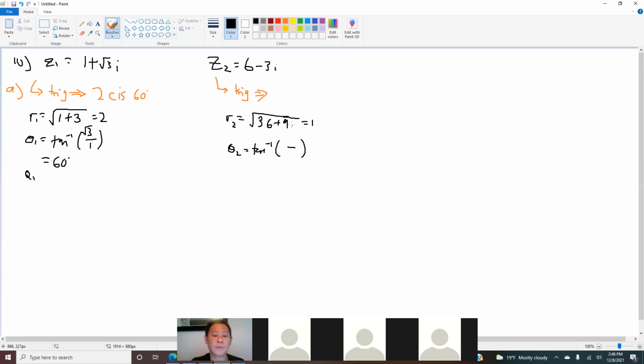Which is 45. Can someone help me to simplify root 45? That will be 3 root 5, right?